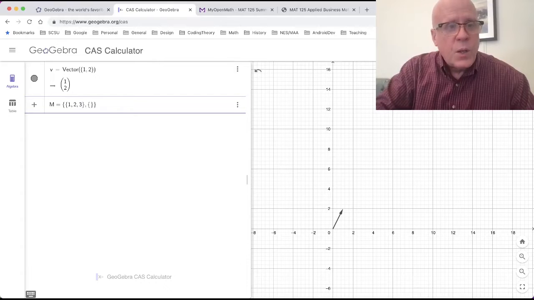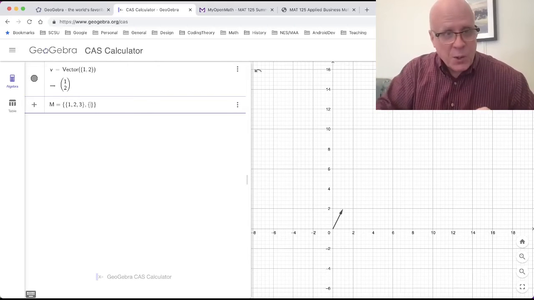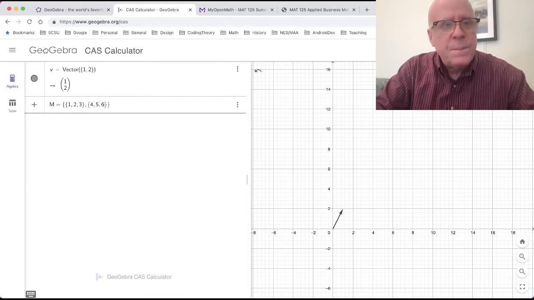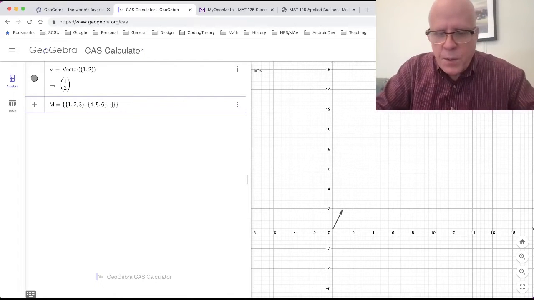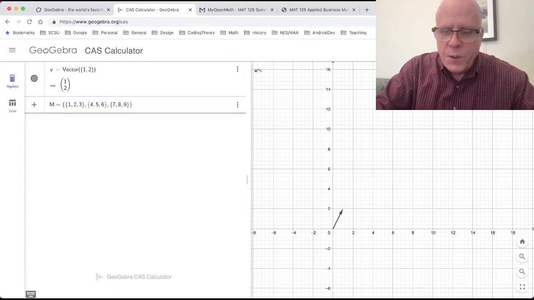So curly braces with a bunch of numbers in them, and then those things are stuck inside of other curly braces with commas in between. I'm being boring about how I construct the numbers here. I'm just counting up, but we could put more interesting numbers in there if we wanted to.